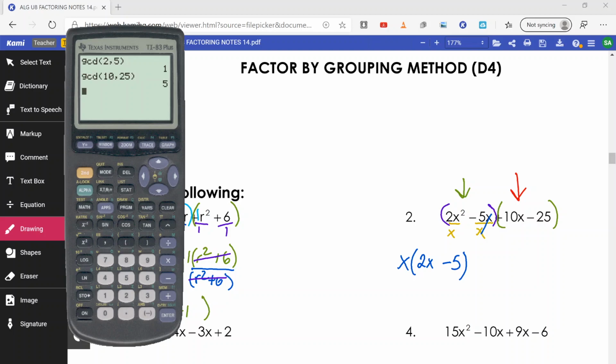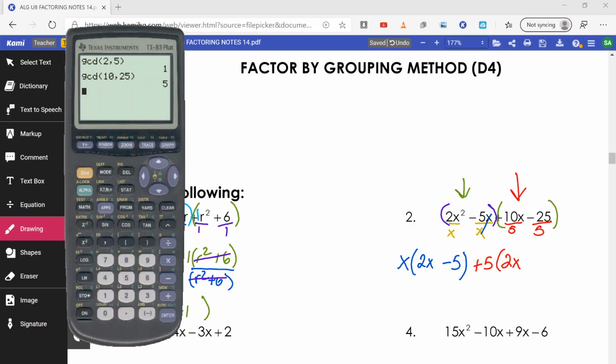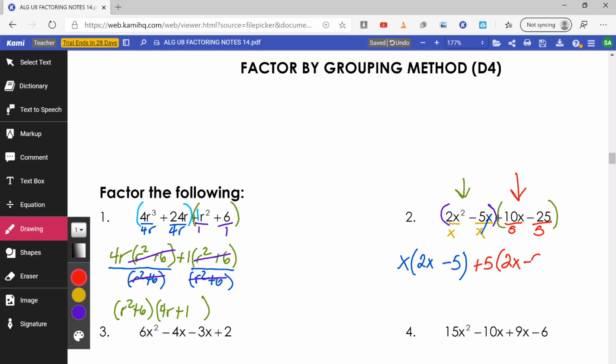Both of them are divisible by 5, so I'm dividing off a positive 5. Whatever is left will go in parentheses. 10 divided by 5 will give me 2. x comes along for the ride. And then negative 25 divided by 5. Again, if you're unsure, we can always use the TI-83, which gives us minus 5.